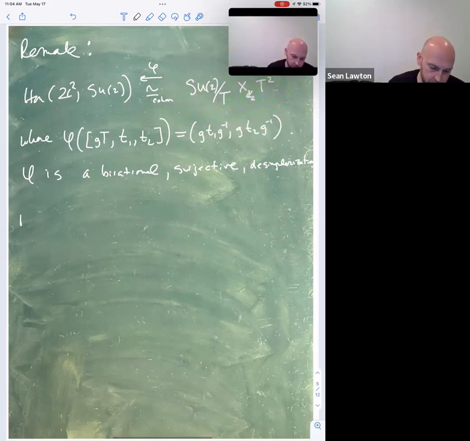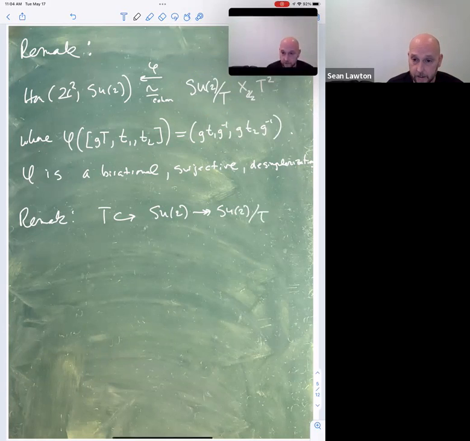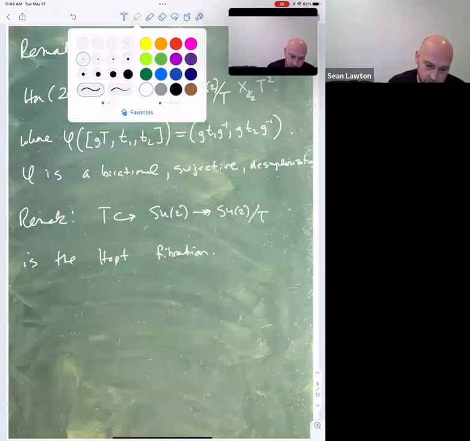Now that's the first remark. The second remark is that we can actually say something, this thing here is actually familiar. T maps into SU2, maps not into, sorry, that's false, maps onto that, which is the famous Hopf fibration.